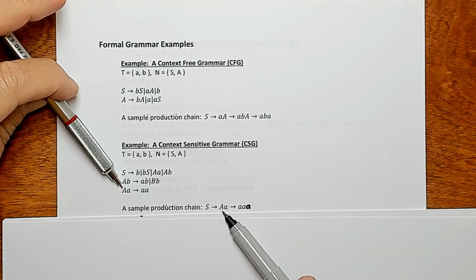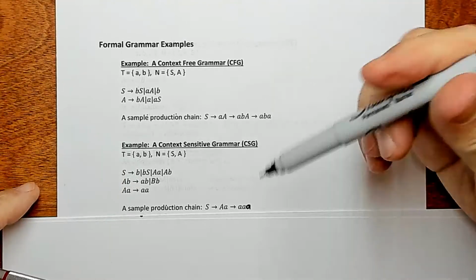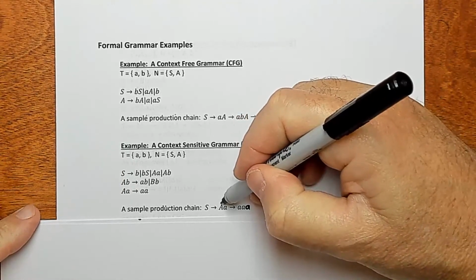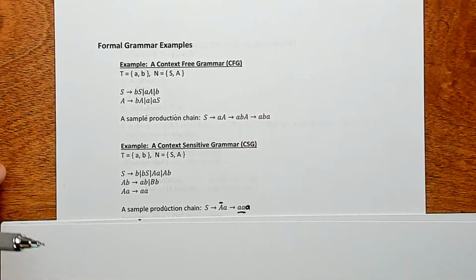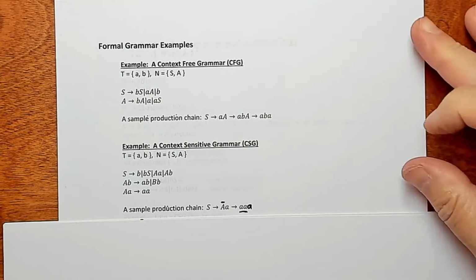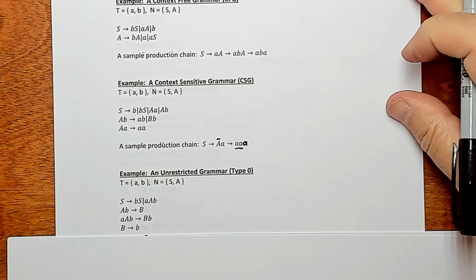Because here there's a little a next to the big A, that means I can substitute the big A for two little a's. So basically I'm substituting this big A for these two little a's. That's a context-sensitive grammar.